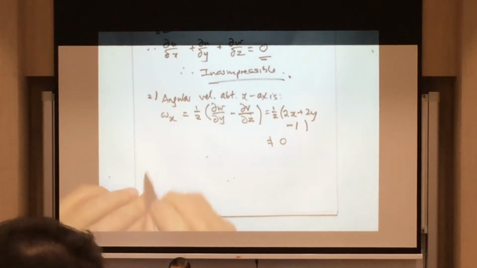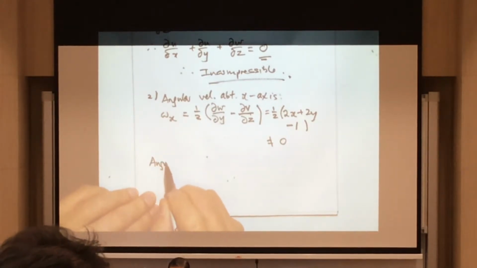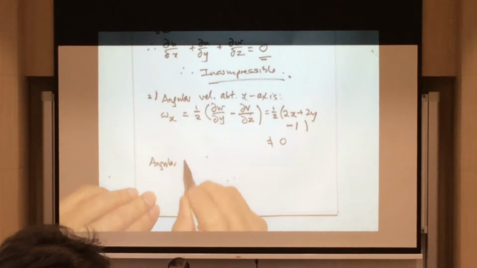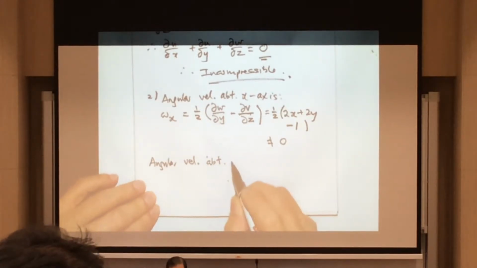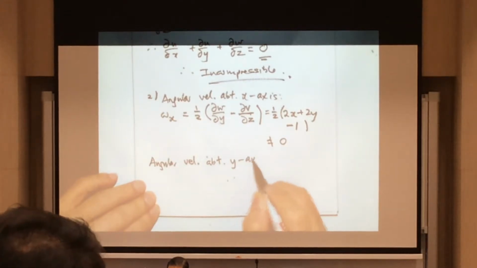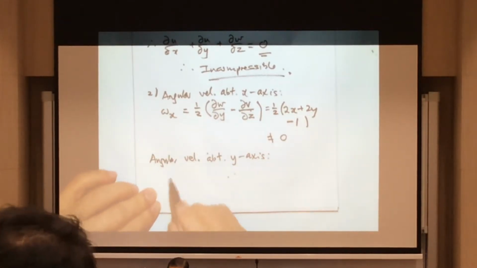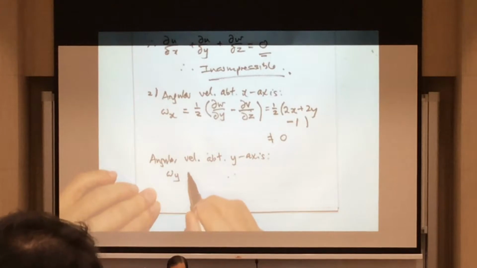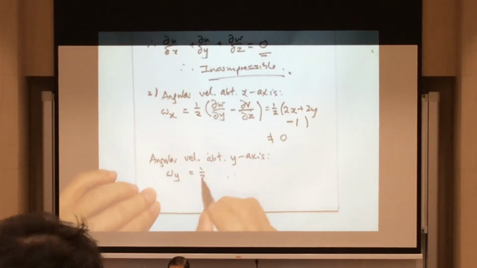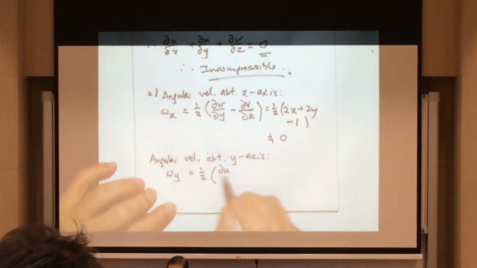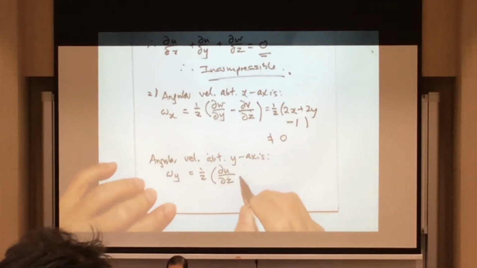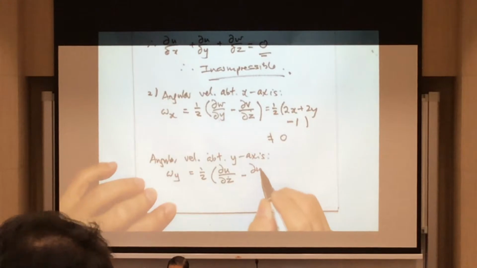Similarly, the angular velocity about the y-axis, we call it omega y, is given by this expression here, half of del u del z minus del w del x.